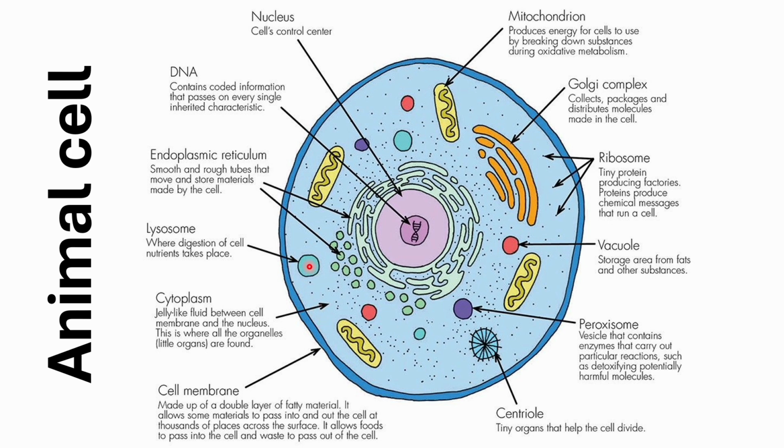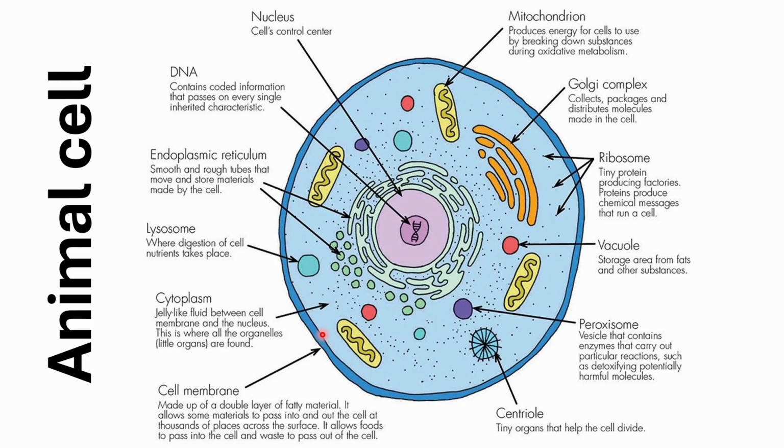Anyways, you see this bluish type of fluid, which is a jelly-like fluid between the cell membrane and the nucleus. You see, the cell membrane is actually the wall around the cell, just like you have a wall or fence around your home. So the cell also has a wall surrounding it, and it has its own function.